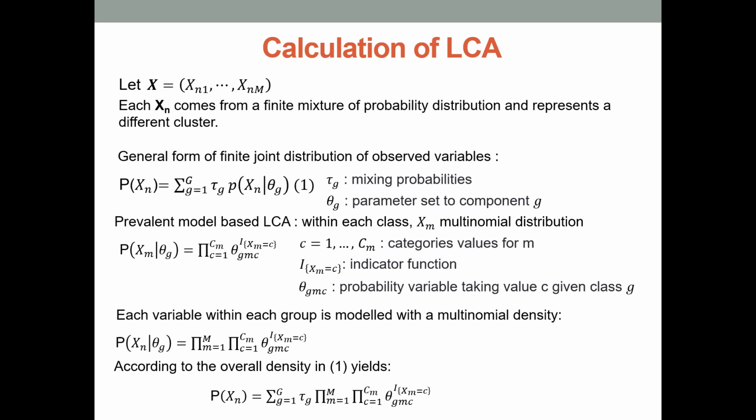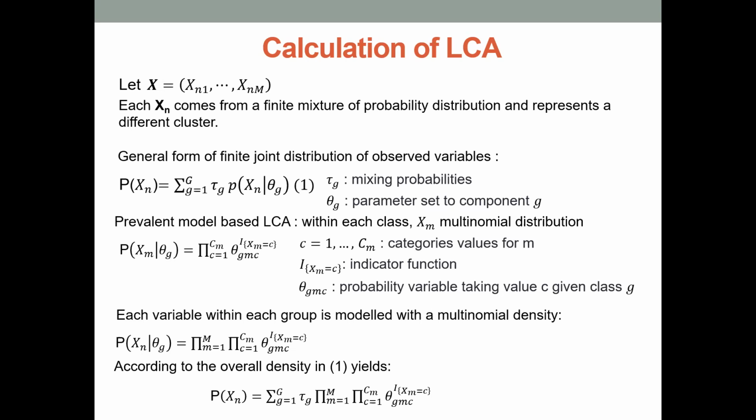You have here the formula, which is the sum from G to big G, where G is the number of groups. Tau G is a parameter which we will call the mixing probabilities.